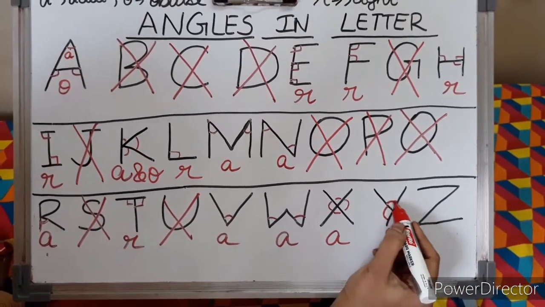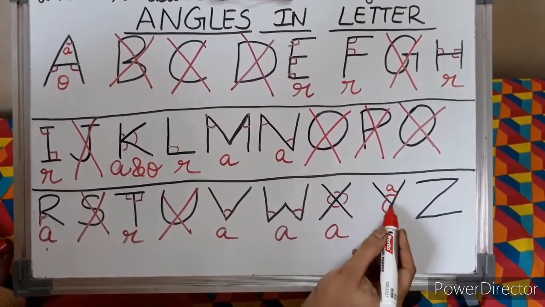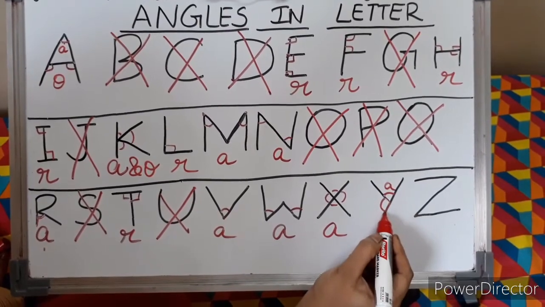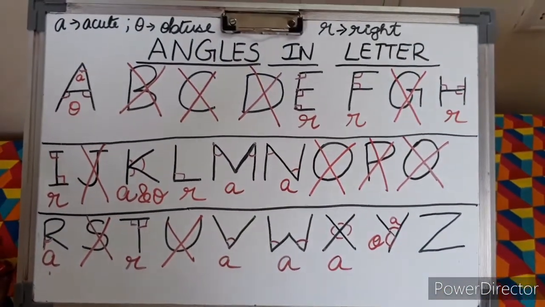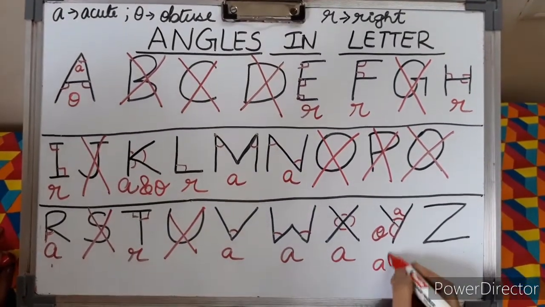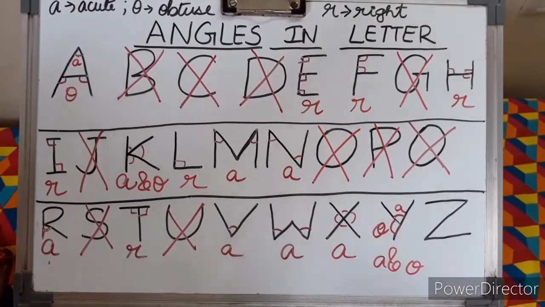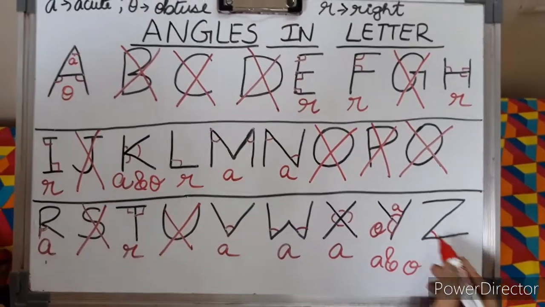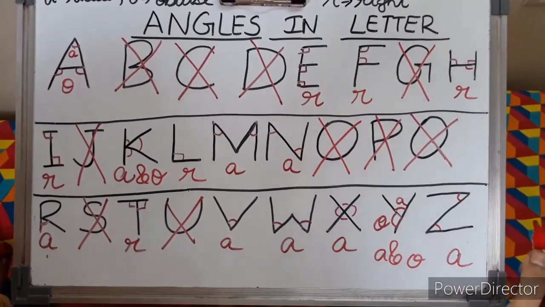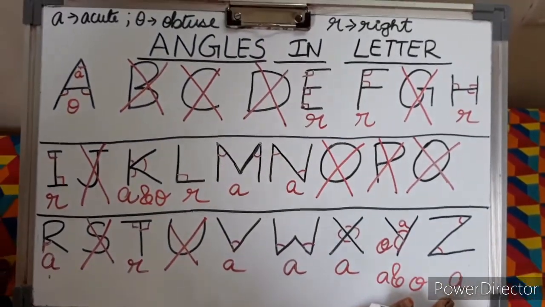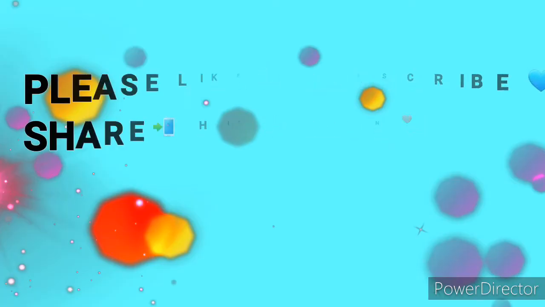This portion forms an acute angle, but this one is more than 90 degrees, so this is an obtuse angle. So Y has both acute and obtuse angles. For Z, again we can see two angles which are very small, less than 90 degrees, so it forms acute angles. Hope you understood my explanation.